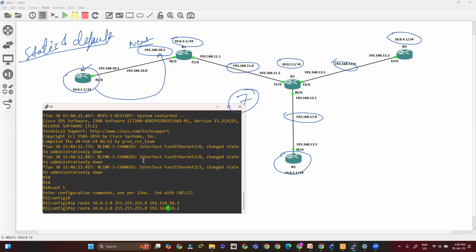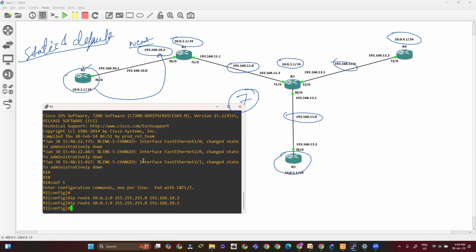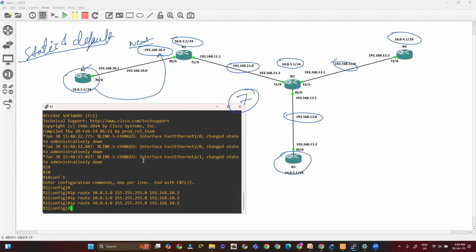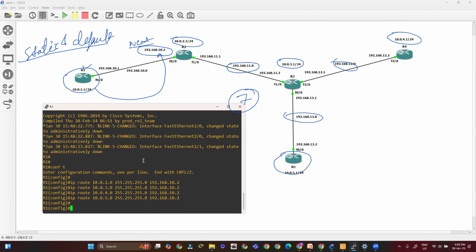Then ip route 10.0.3.0, ip route 10.0.4.0 and 10.0.5.0. So we have provided all the indirectly connected network information and the next hop information.